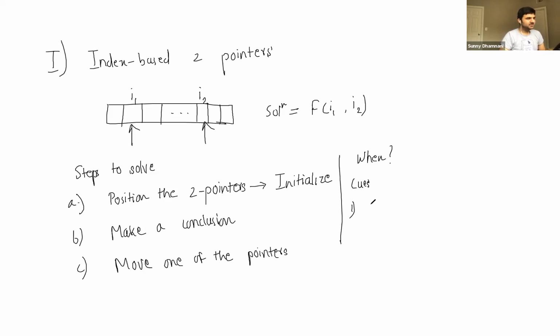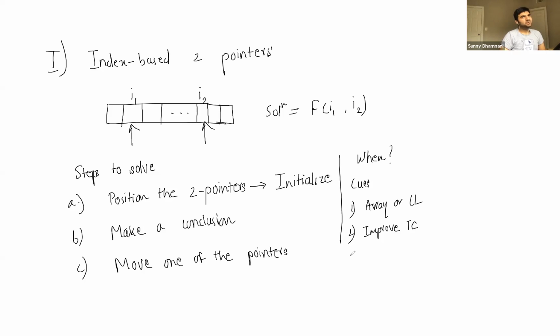The first cue is that you have a question related to an array or linked list, so it will be a linear data structure. The second cue is that you are stuck with time complexity. If you want to improve time complexity and you're stuck at it, then maybe it's a good way to think about two pointers.